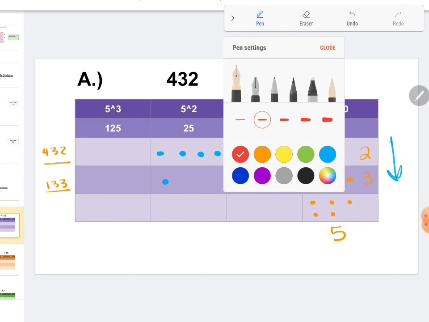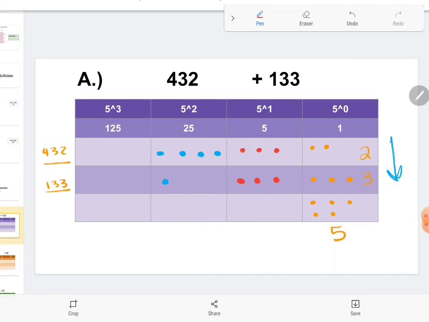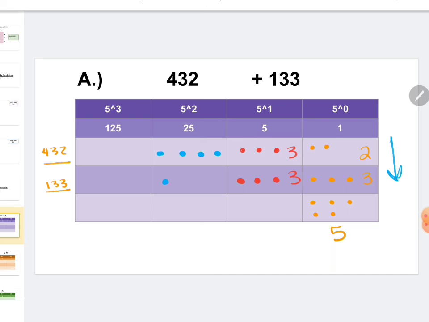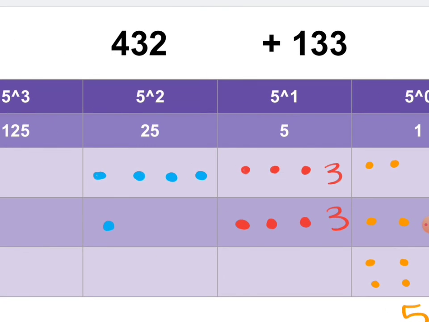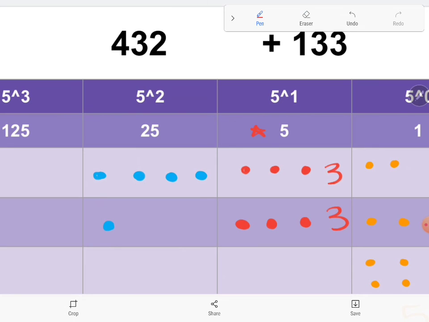For our next column, we have 3 dots up top, 3 dots at the bottom, and when we add 3 and 3, we get 6. Well, there's something wrong with this.